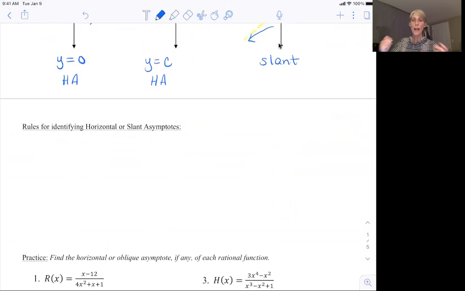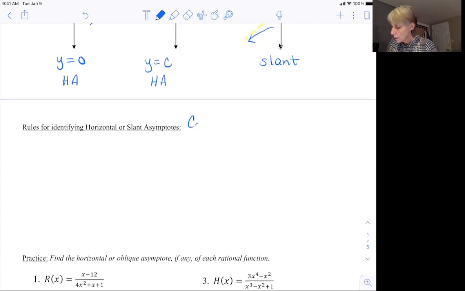Okay, so in end behavior, if you think about it, we always talked about the term with the highest power with polynomials. That was how we determined it. So we're going to kind of do the same thing here. We're going to focus on the numerator and the denominator. So we're going to compare terms with the highest degree.